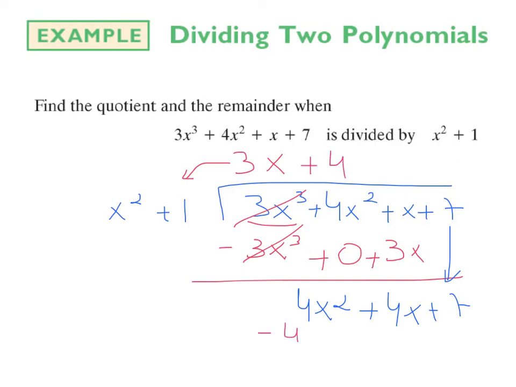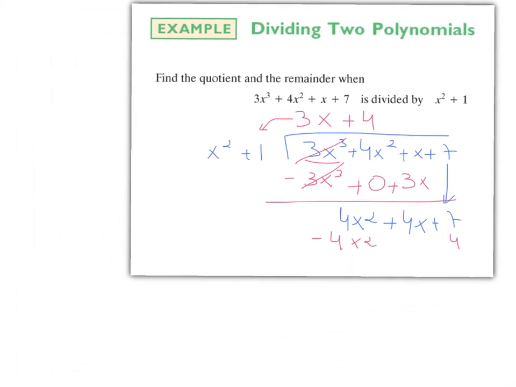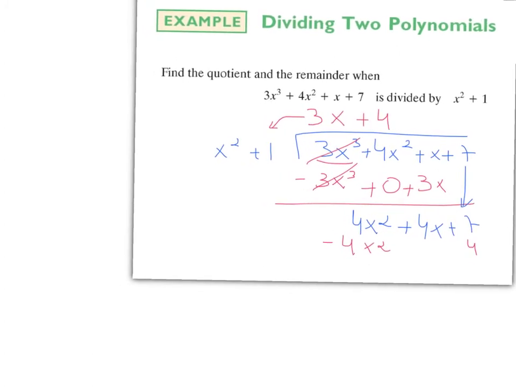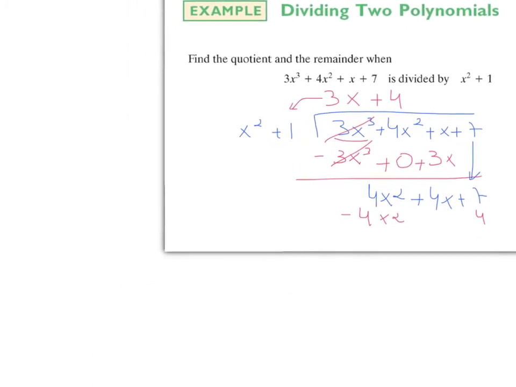Here we write the opposite value. And then 4 times 1 is 4. Then we add them up.